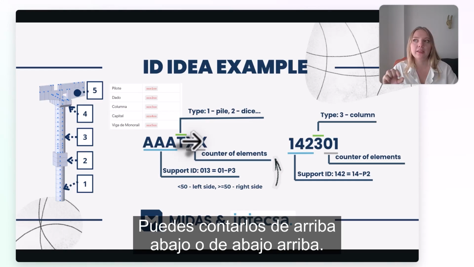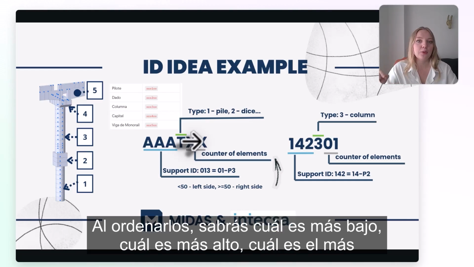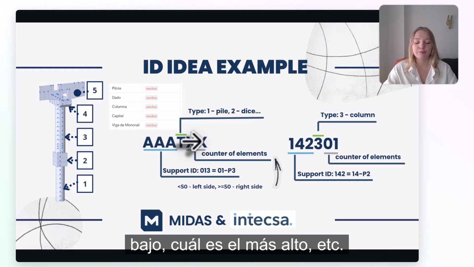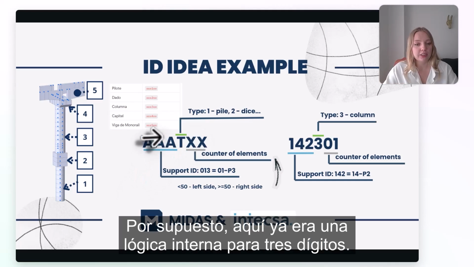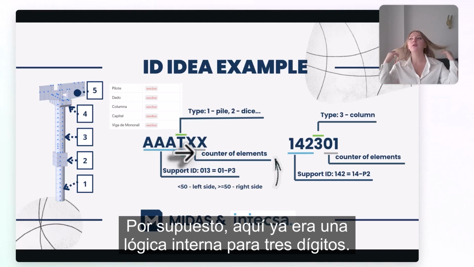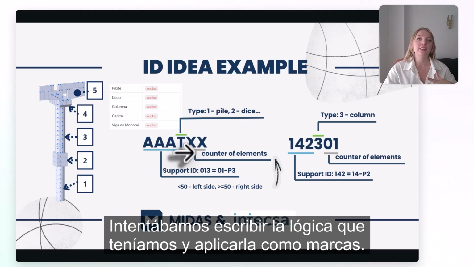So by sorting them, you will know which one is lower, which one is higher, which one is the lowest, which one is the highest, and so on. And of course, here there was already internal logic for 3 digits. We were trying to write down the logic that we had in Revit as marks.